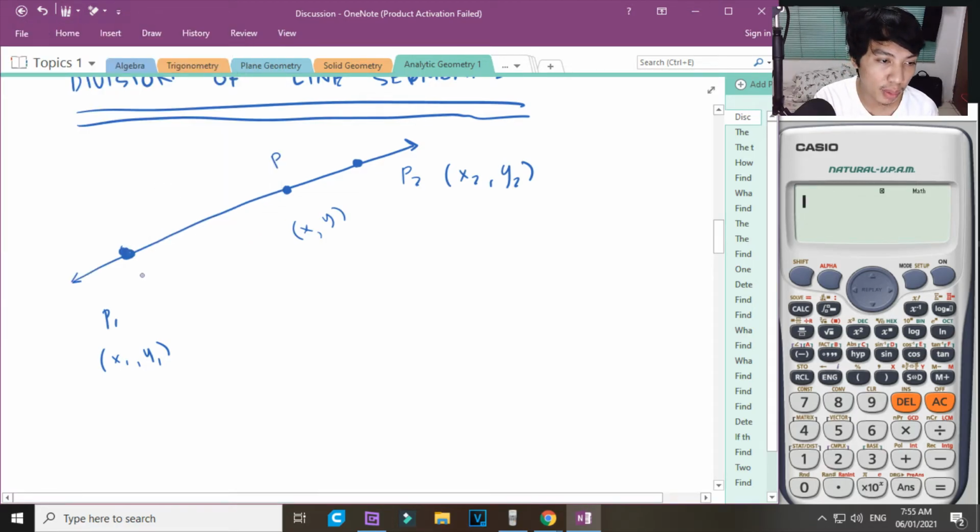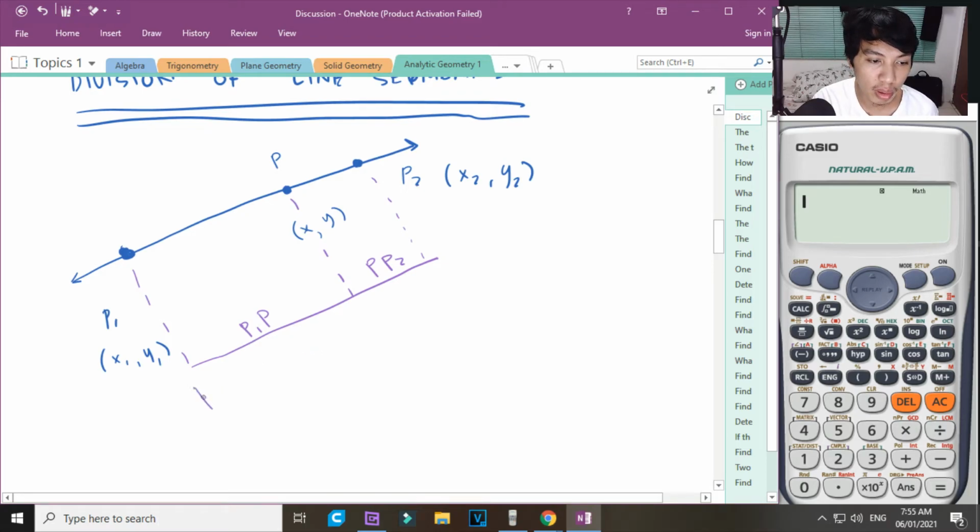In order for you to know the lengths of the segment, pwede mo kasing gamitan ng ratio and proportion. Okay? Ayan. If this is P1 and P, so this is P1 to P. And this is P and P2. Okay?